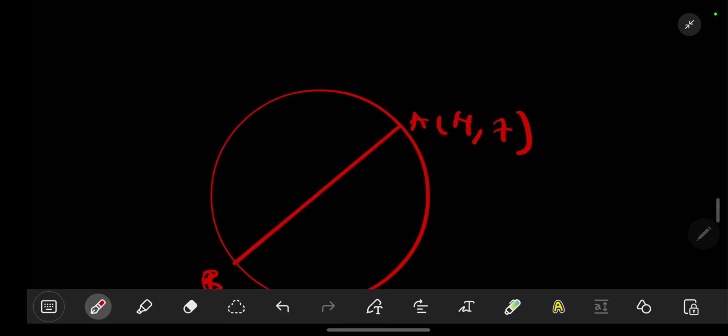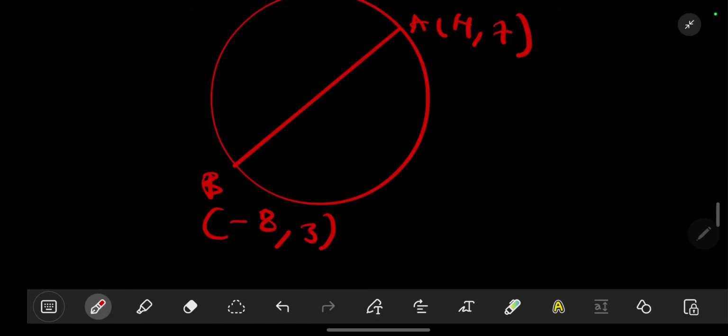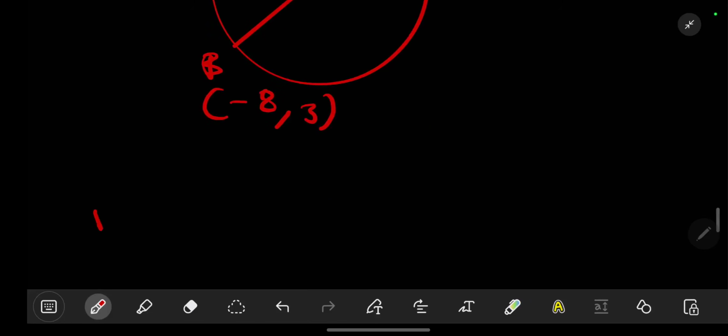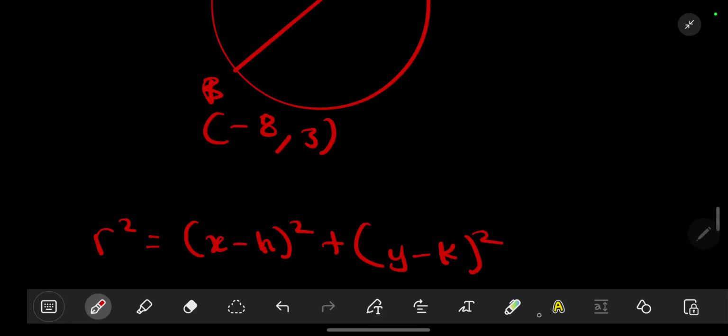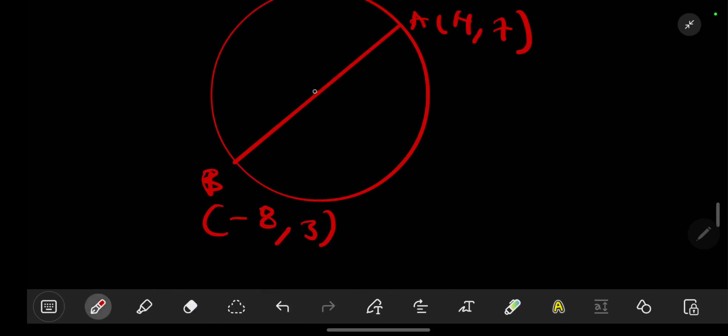Now remember, the equation of a circle is given by r squared is equal to (x minus h) squared plus (y minus k) squared. This h and k are the coordinates of the center, so we need to know the center.